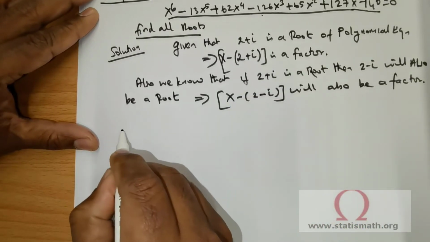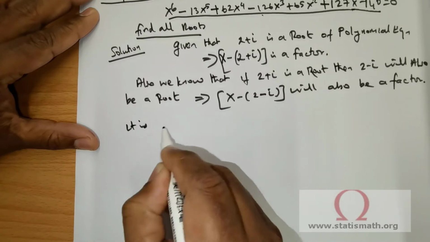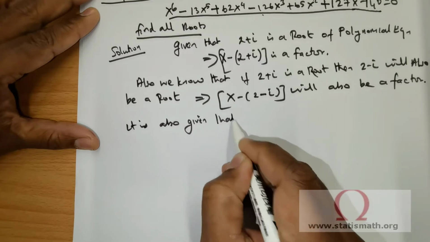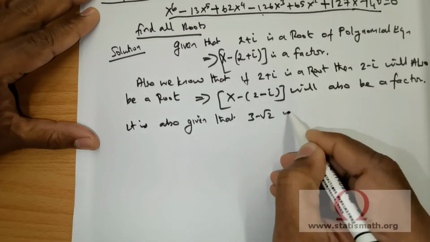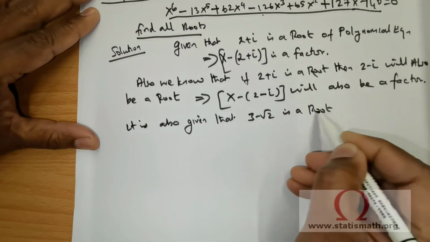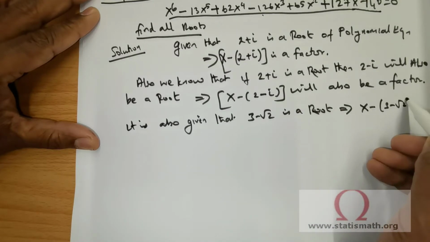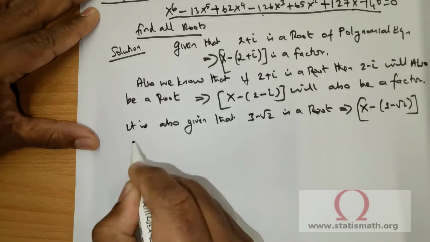Now the second part. It is also given that 3 − √2 is a root. So this would mean that x − (3 − √2) is a factor.